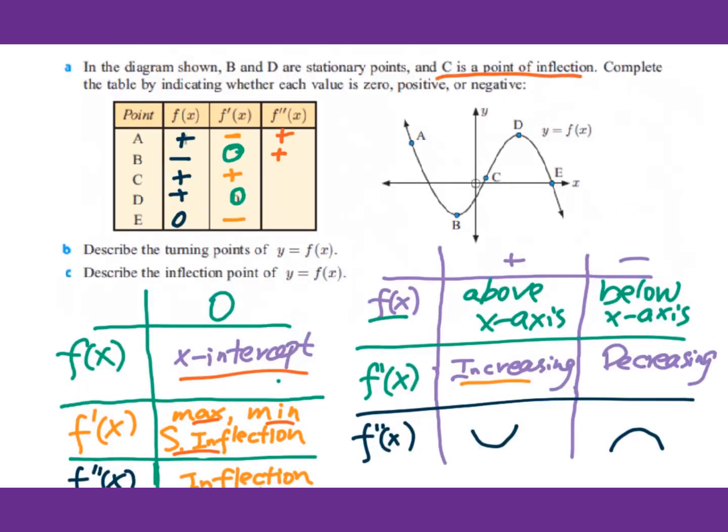C is a point of inflection, therefore it's 0. Look at D and E, it's concave down, so both negative. For B, describe the turning points of y equals f of x. That means B and D. Describe the inflection point of y equals f of x. That's C.